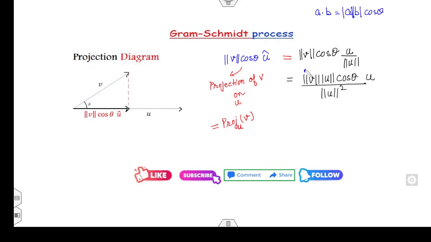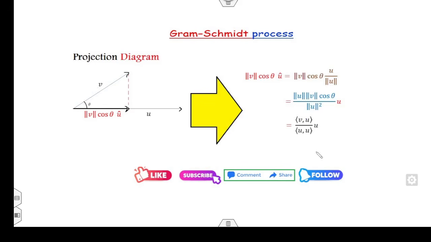Now the norm of u squared, I can also define in terms of the inner product, that is <u, u>, and that definition is called the projection. That definition which I defined is called the projection of v on u.